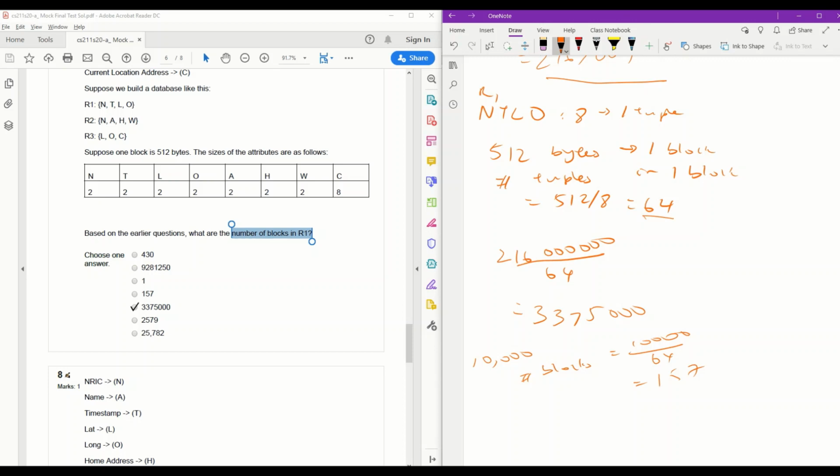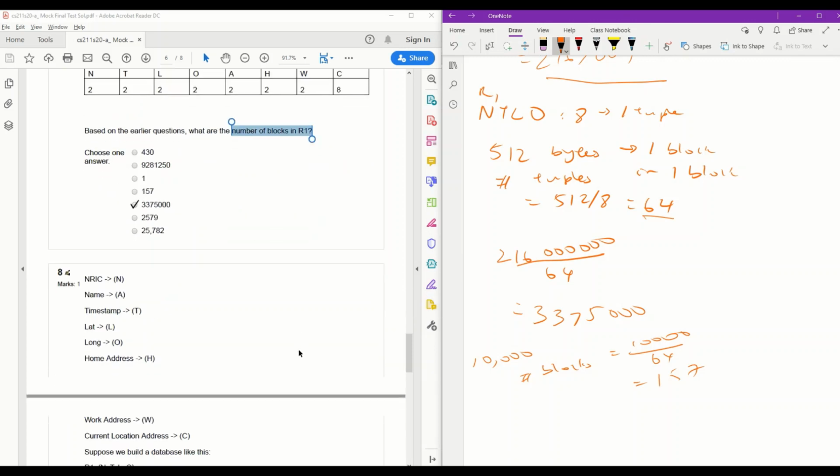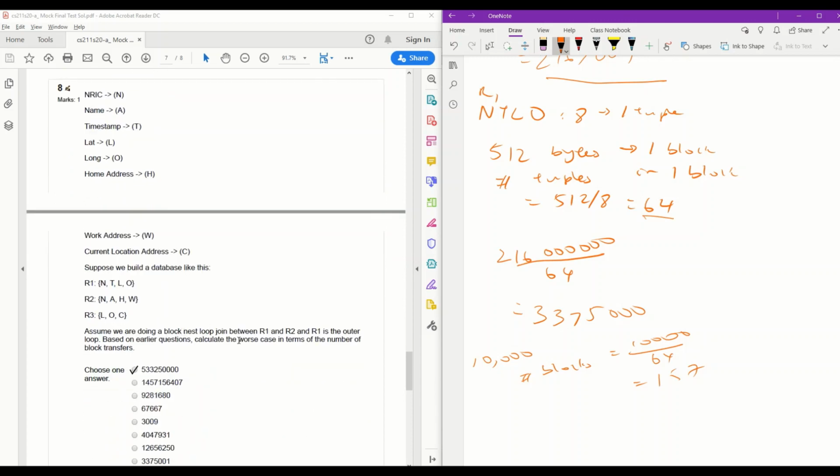The question states that this is a block nested loop join between R1 and R2 with R1 as the outer loop. So it means that for each block of R1, it will go through the blocks of R2. This is where the inner loop of R2 comes in, but at the same time we also have R1 as the outer loop.